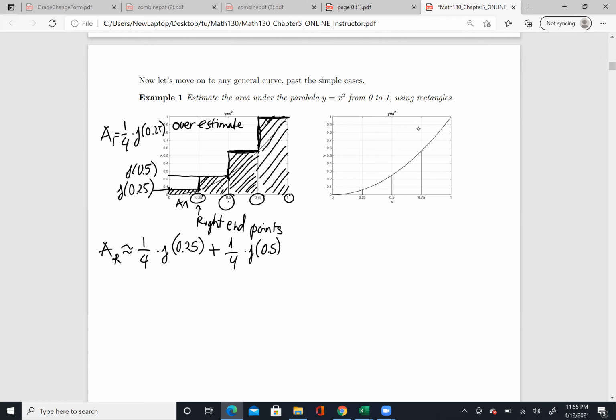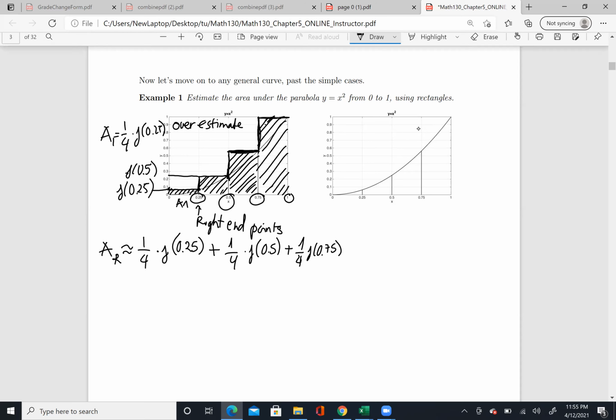For the height, the base is still 1/4. So you add another 1/4 of f of 0.75. And you know what?